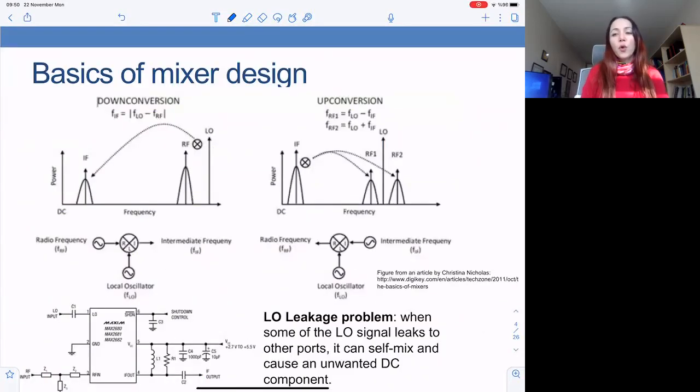However, we will focus during this chapter essentially on heterodyne receiver design.